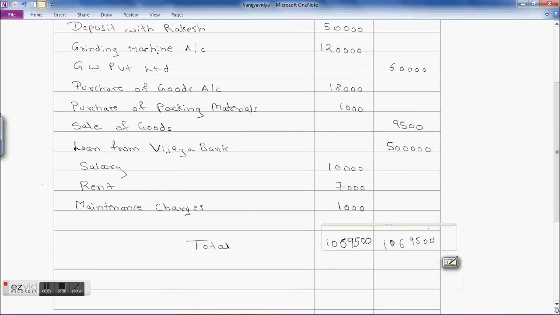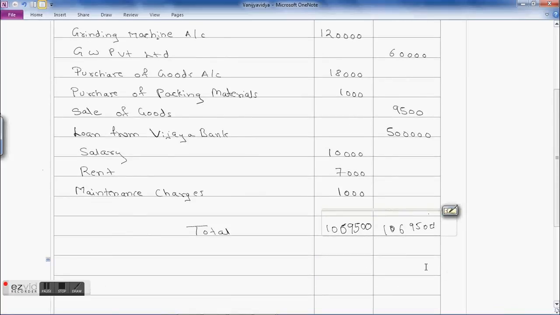So see, this is very important. In trial balance, your total of debit side should match your total of credit side. When this matches, you can be assured that all your postings, all your journal entries are correct. Okay, so why does this happen? See, it's a simple rule of double entry.